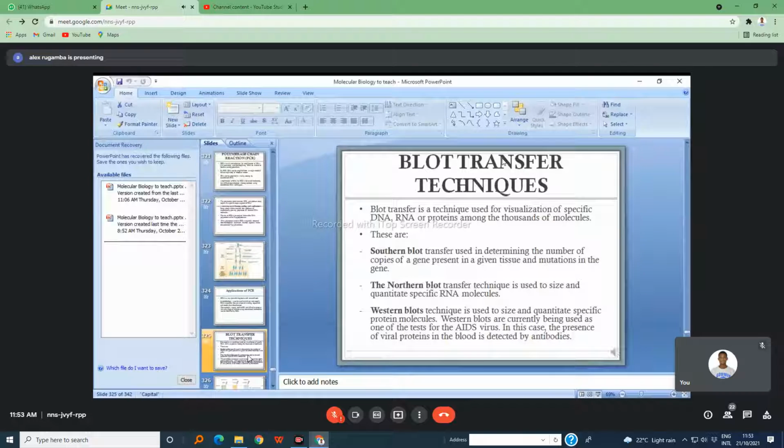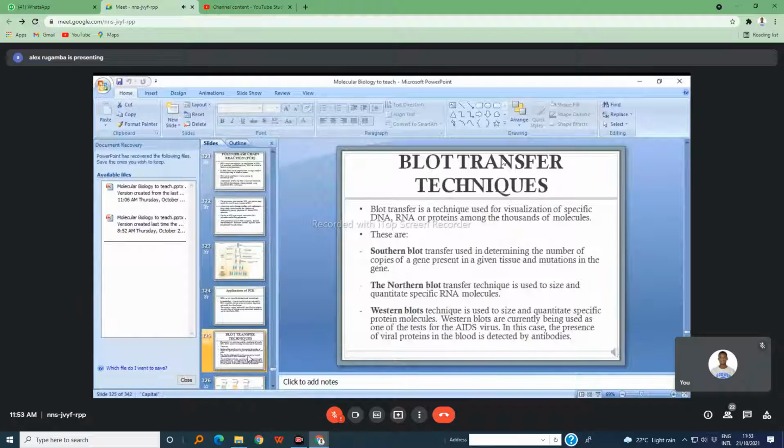So for the mutation of the gene, we use southern blot. There is also northern blot, a transfer technique used to size and quantify specific RNA molecules. So southern blot is for the tissue and the mutation.